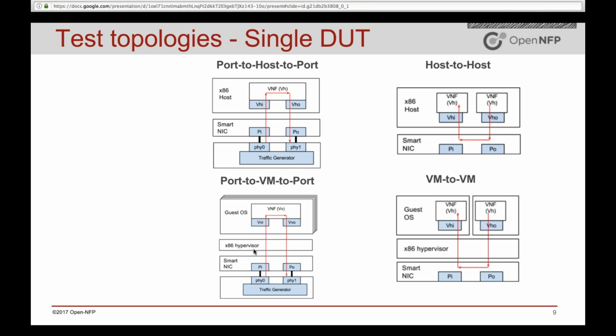If I take 2 of the examples, say the one in the left-hand top, the port to host to port, in that scenario you have an external traffic generator which would generate traffic into an input port. It would go through the PCI bus into an application running on the host and then be passed out again.